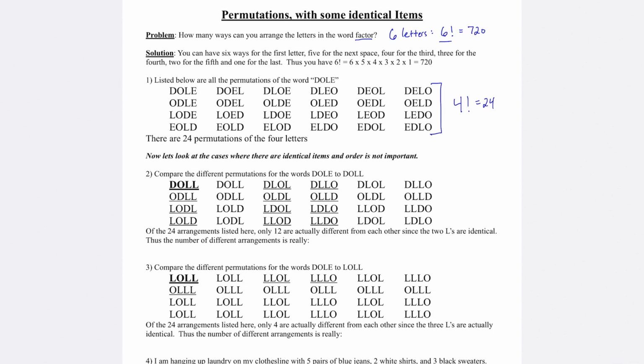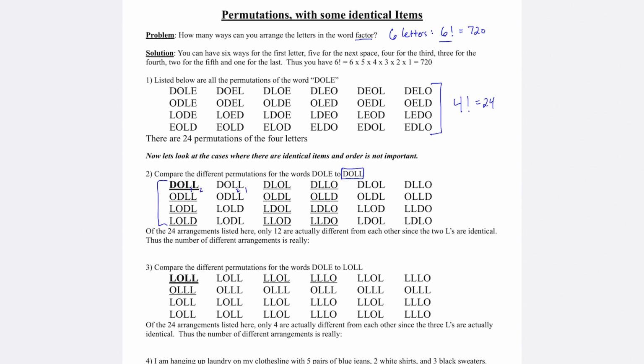Now what about if we looked at a word where there were some commonalities in the letters? So for example, the word doll has 2 L's in it. The trick here is if we look at all of these permutations, the word doll would actually show up twice. If we picture this as L1 and L2, then it would have come up again when we had L2 and L1 in that order.